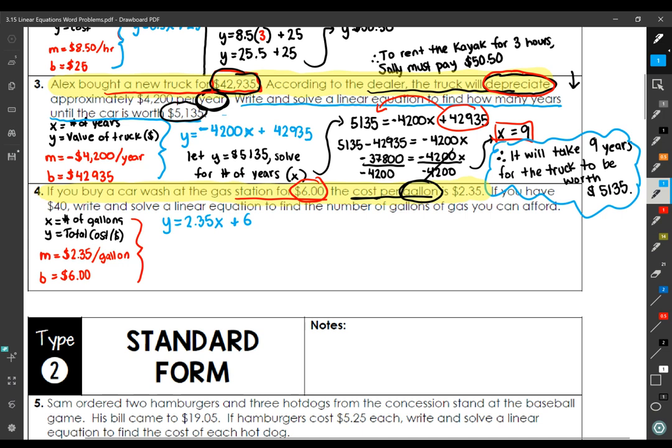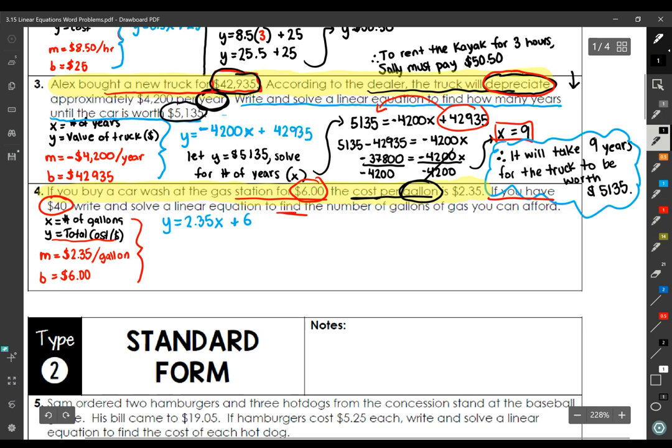So what is it? Is this problem giving us X or Y? Is it telling us the number of gallons, or is it telling us the price we can spend? Well, it's telling us the price we can spend, and it wants us to figure out the number of gallons. Okay, so that means we are given Y.